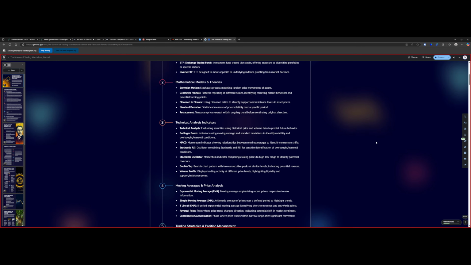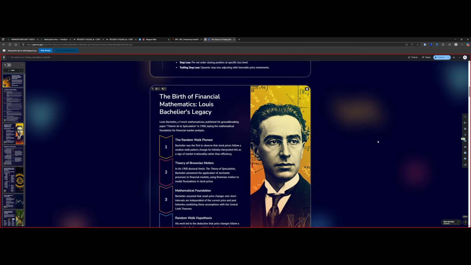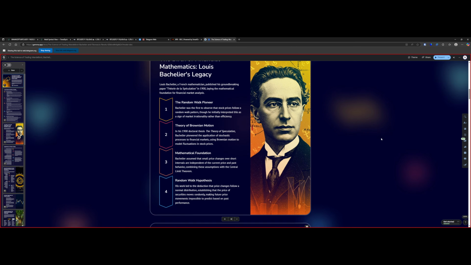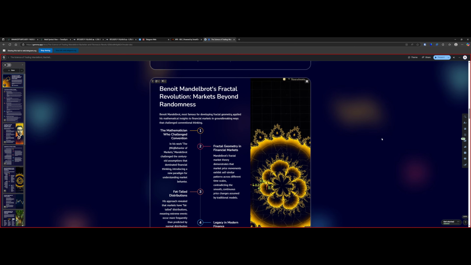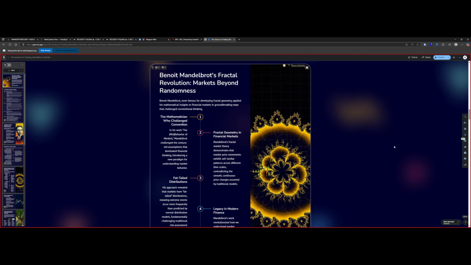So if you're interested in this document, it is also available to you. You just have to reach out to me, and I'm more than happy to supply it. But I would highly, highly, highly recommend that you start to read about Benoit Mandelbrot.